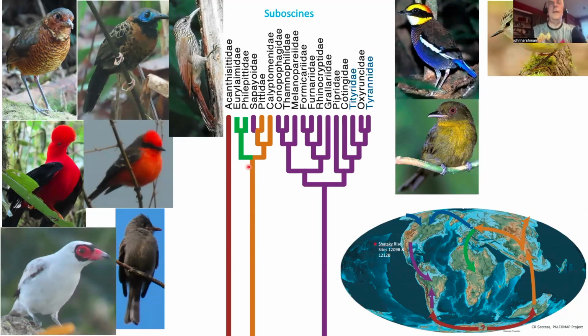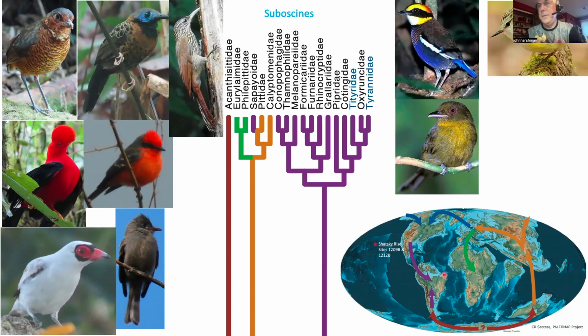Then we have the suboscines. That's two groups. These are the Old World suboscines. These are the New World suboscines. The Old World suboscines are in Asia and Africa, but surprise, one species, the sapayoa, has found itself in South America.